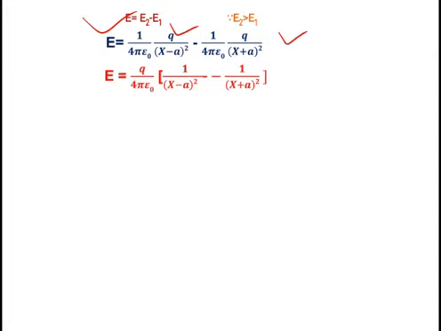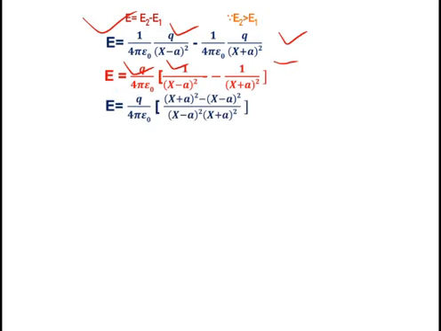Q and 4 pi epsilon naught in the denominator. So E is equal to Q divided by 4 pi epsilon naught, which is common, so take it out of the bracket. What is remaining is 1 divided by (x minus A) whole square minus 1 divided by (x plus A) whole square.